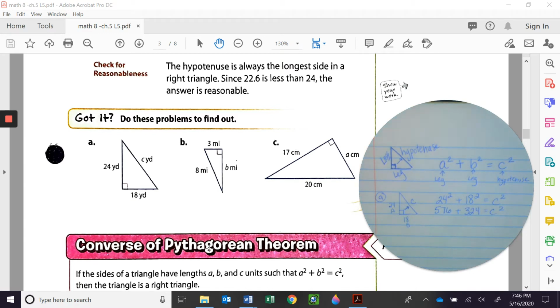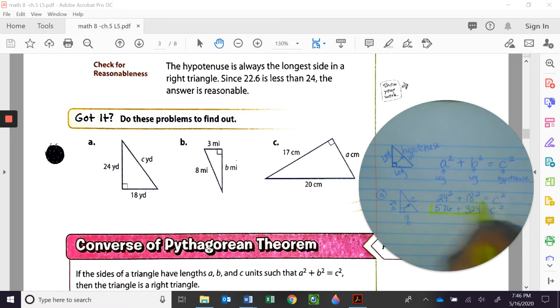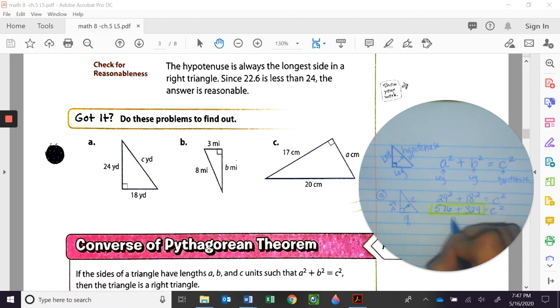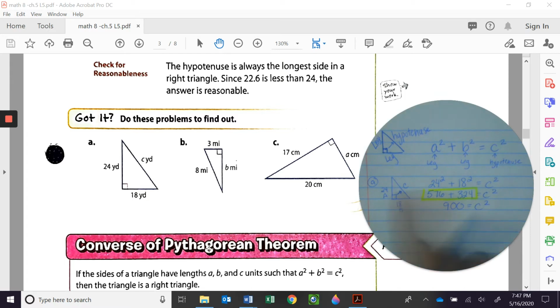Since these are on the same side, we can add them up. So 324 plus 576 is 900 equals c squared. But remember, you're not done, because we don't want c squared, we want c. So we're going to take the square root.